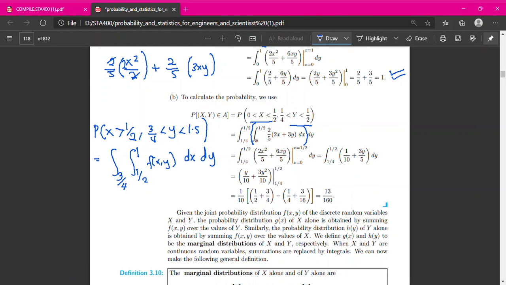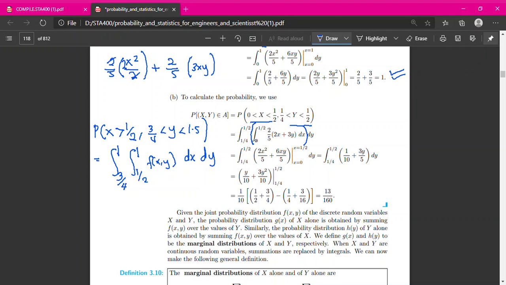So walaupun di sini soalan tanya nak dapatkan probability of y from 3 over 4 until 1.5, tapi you kena cari sehingga interval 1 sahaja because of the interval for y at the first place tadi cover from 0 until 1 only. Kalau you buat juga 1.5 here, so maybe you akan dapat probability-nya lebih dari 1. Okay, so that is the way how to determine the limit for x dan y, and then integrate macam biasa like I said before tadi just now.